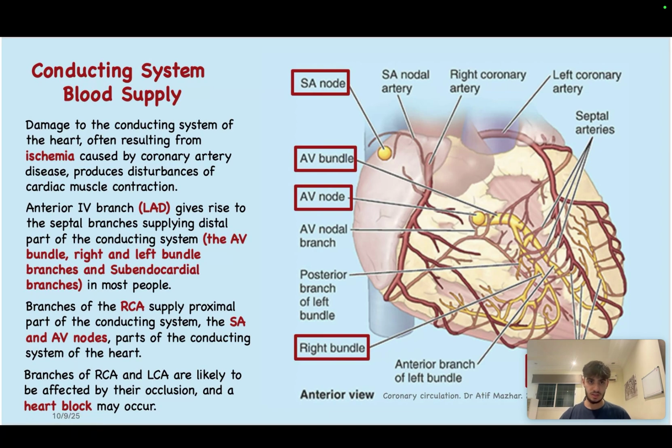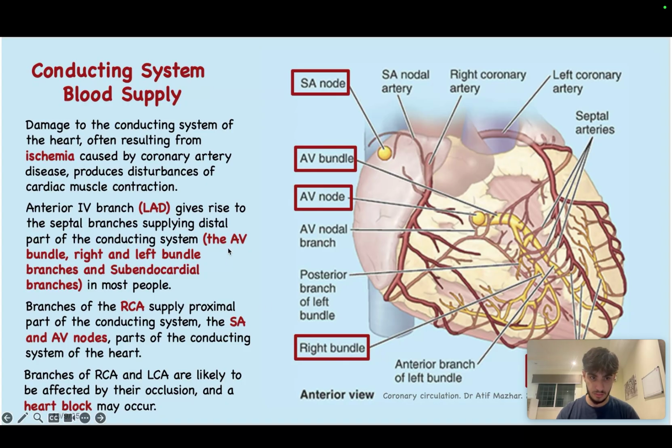So the conduction system, if you guys remember, was the SA node, AV node, then the bundle of His, then the septum, and then the Purkinje fibers. Our blood supply also helps supply this part of our conduction system.